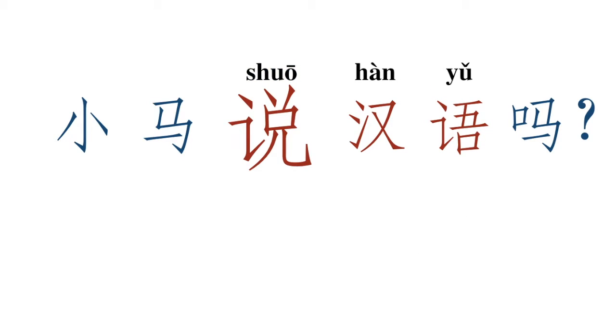说. What do we have on the left side? The meaning component for speech, the same one as 语. What about the sound component? Unfortunately, it is an advanced level character. We don't need it right now, but its formation is simple.